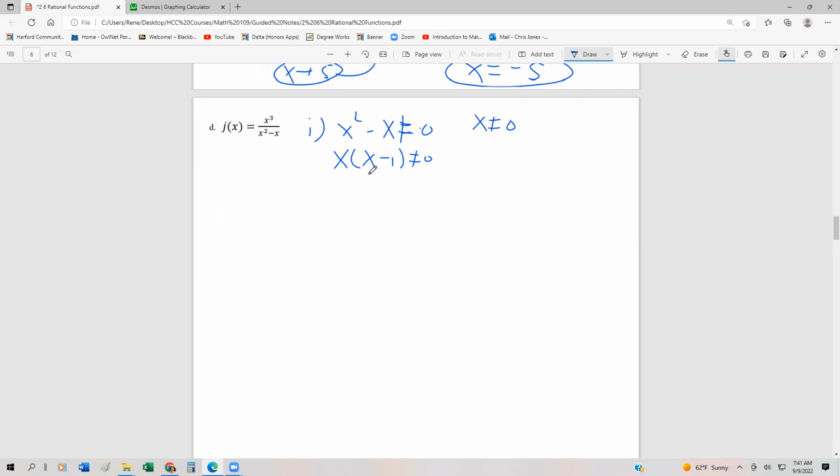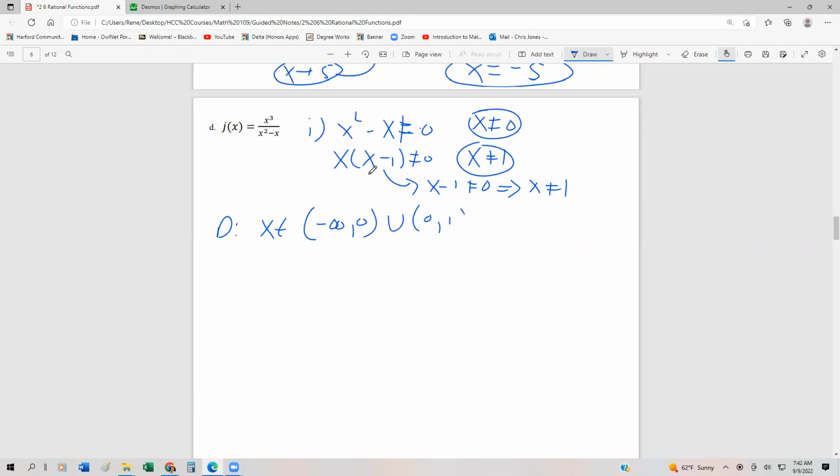One factor is when x cannot be 0, and the other one is that x minus 1 cannot be equal to 0, so x cannot be equal to 1. All right, so our domain is x is an element of negative infinity up to 0, union 0 to 1, union 1 to infinity. So there's our domain.